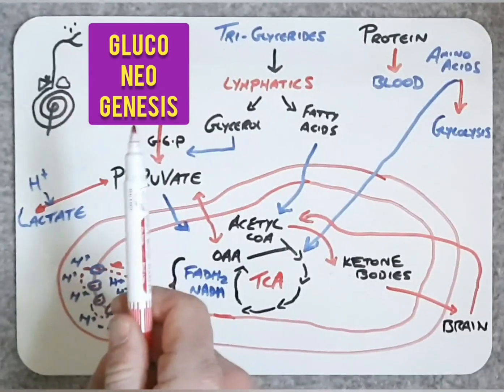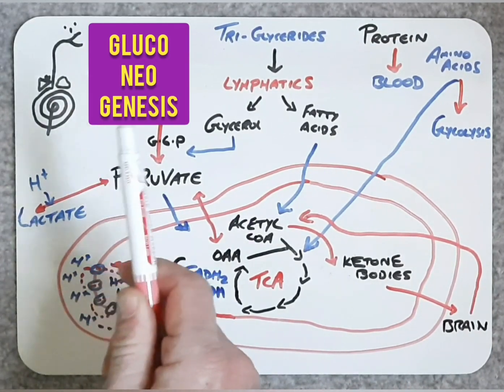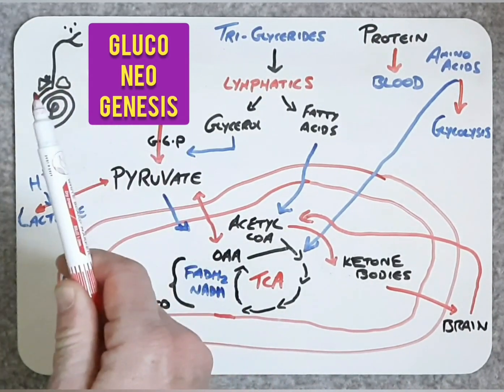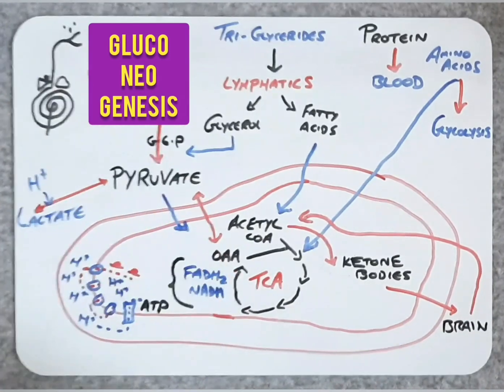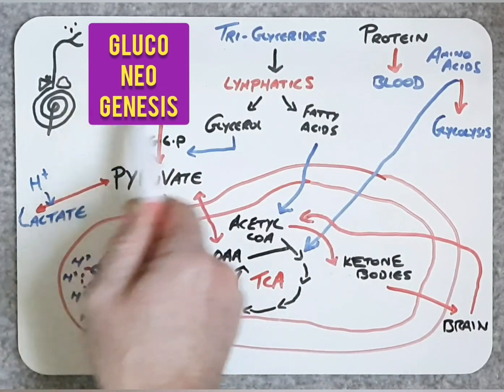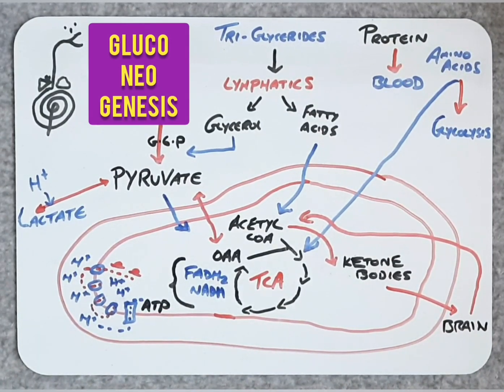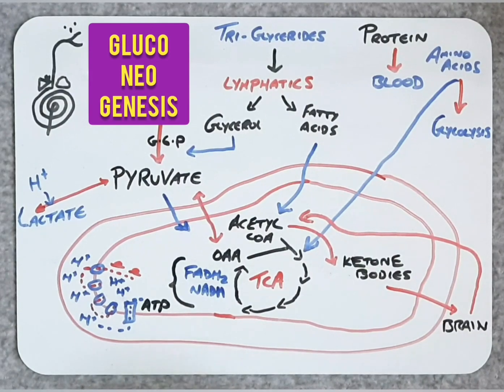Genesis stands for the beginning of, neo, new, and gluco is the precursor to glucose. So it's the beginning of new glucose, and that's what this whole process here is. And our body functions very, very well without any carbohydrates.